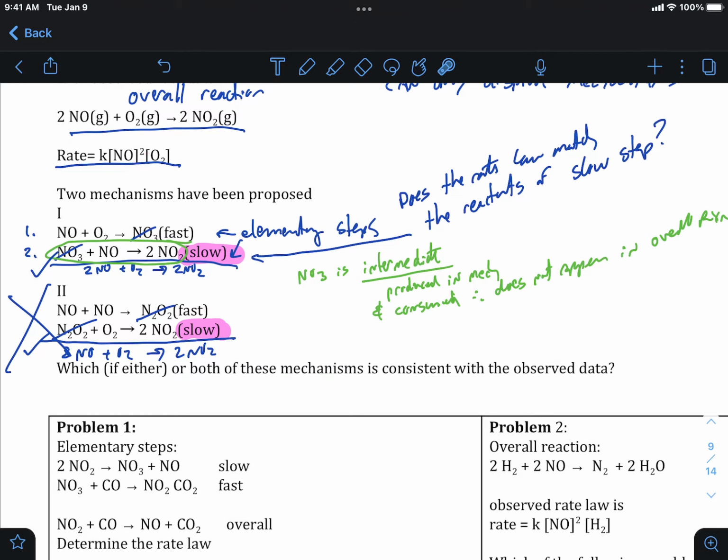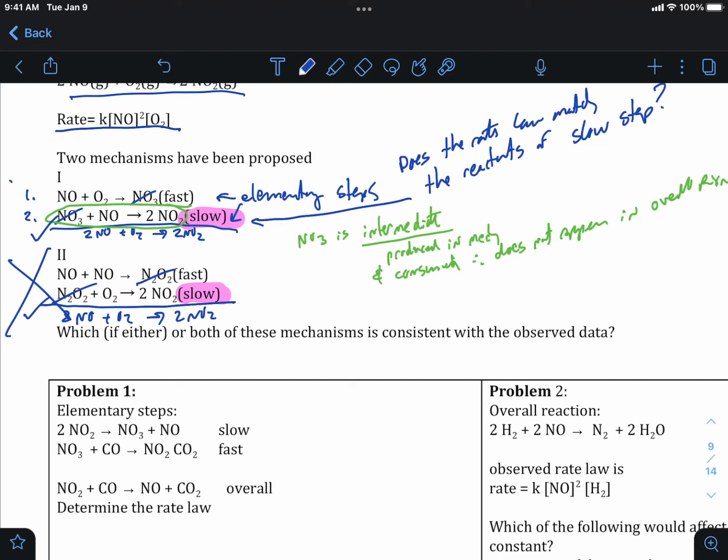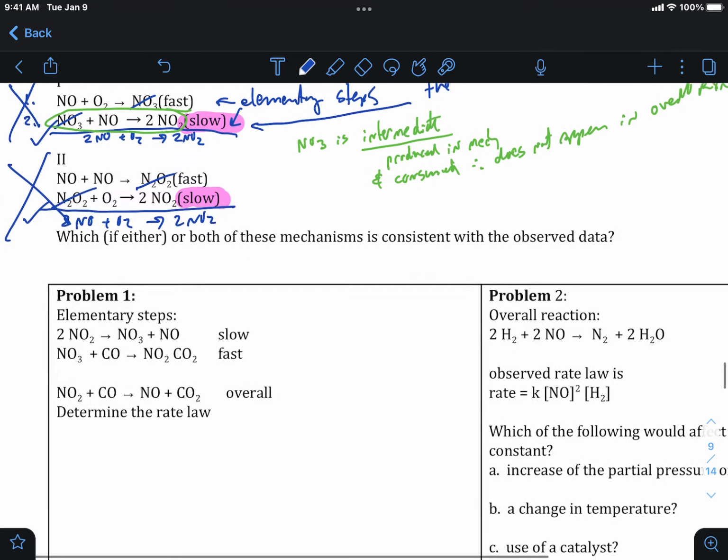So going back to the first example here, we said NO3 was an intermediate, okay? We'll leave that one as is. So right now, neither of these is a perfect match. So neither of these match what we're looking for. This is just going to take lots of practice. So let's just go through a bunch of these, and eventually you'll start getting quicker at this.